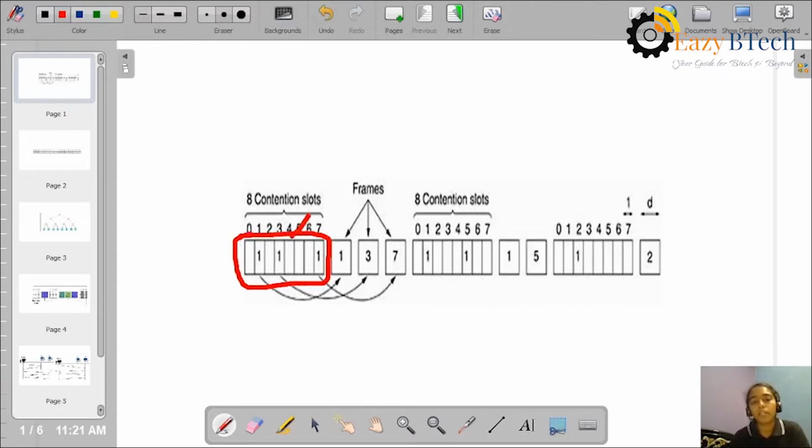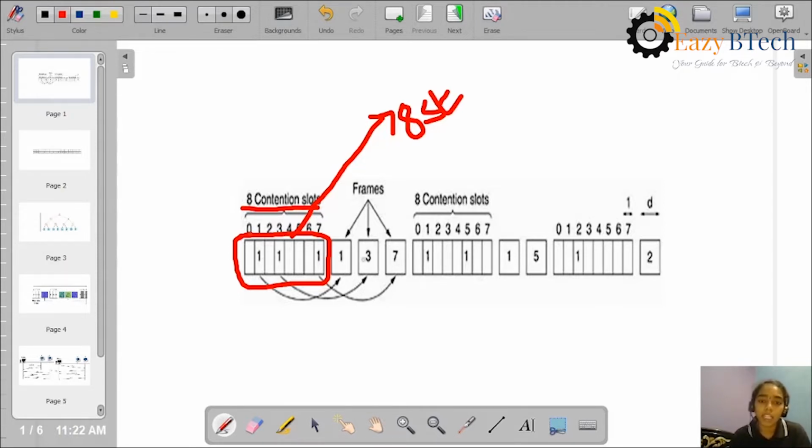This period will be divided into 8 contention slots. We have 8 stations, numbered 0 to 7, that use a shared channel, so I divide the time period into 8 slots.